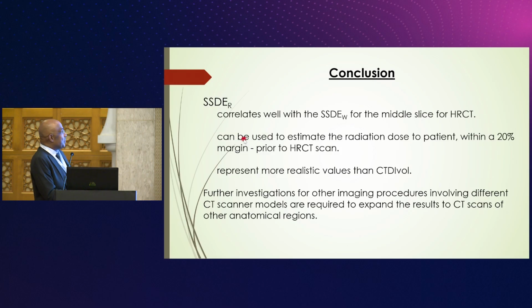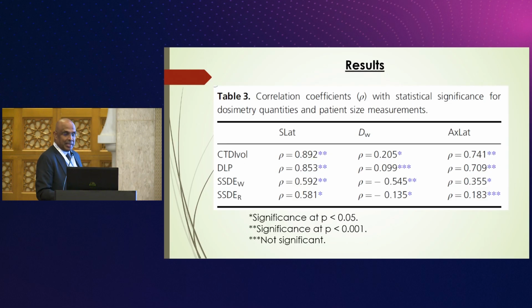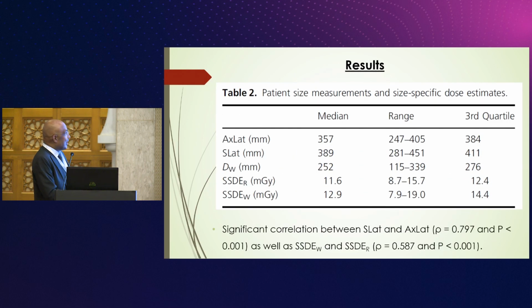So you can use them to estimate radiation dose to the patient, but you need to understand the difference could be around 20% at most. This one looks like about 10% in the median, but if you look at the range at the higher end, you have about 20% difference.